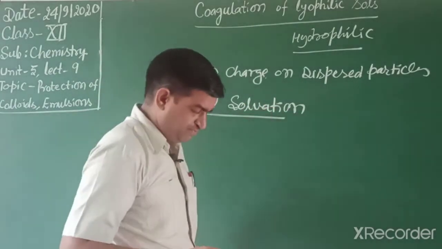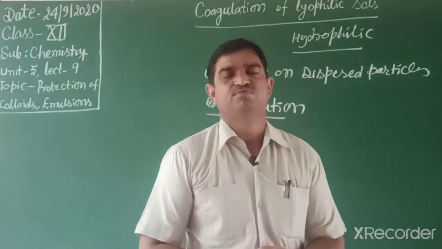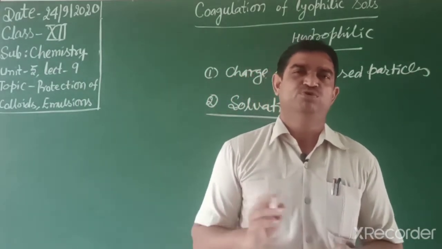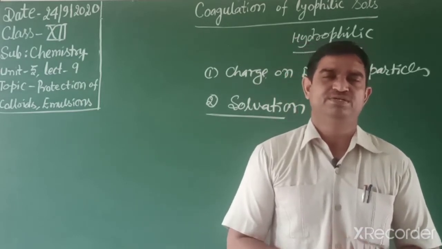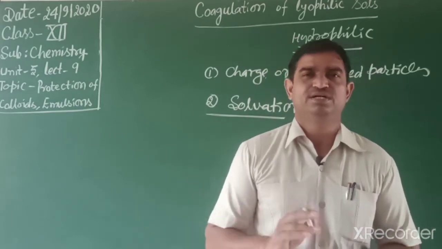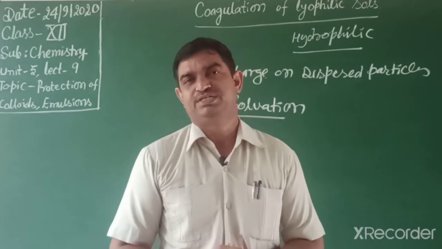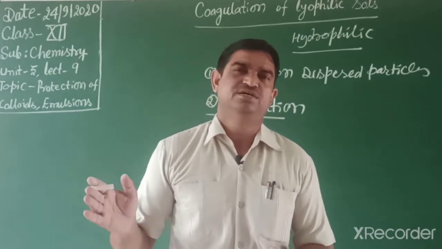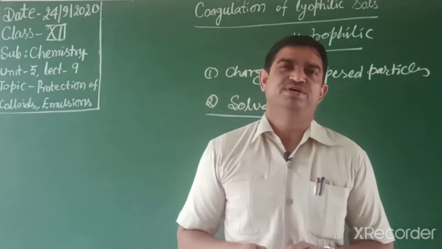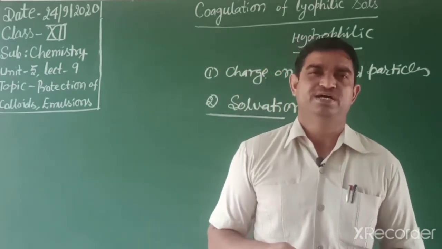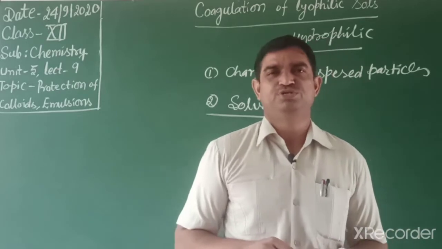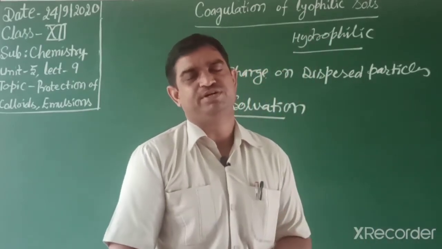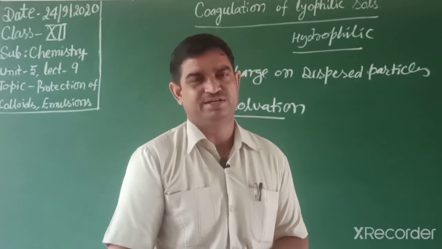Students, if we add a small amount of electrolyte, then what happens? Because the electrolyte has both types of charge, positive and negative, and the colloid has a single type, either positive or negative. So according to the Hardy-Schulze rule, the coagulating power of any oppositely charged ion is directly proportional to the fourth power of its valency, so a lyophilic sol also coagulates by adding an electrolyte.